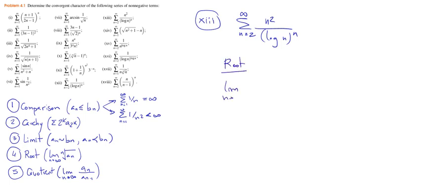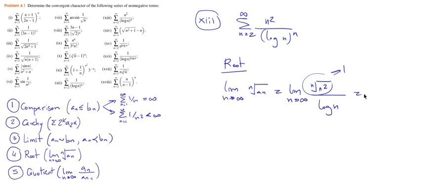The limit when n goes to infinity of the nth root of a sub n is equal to the limit of the nth root of n squared, and we know this is going to be 1, divided by the logarithm of n. So the limit of the numerator is 1, and the limit of the denominator is infinity. So we have 1 divided by infinity again, so 0, which is smaller than 1. So again, this series is convergent. Okay, let's keep going.